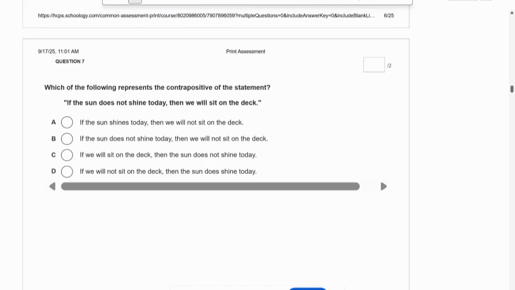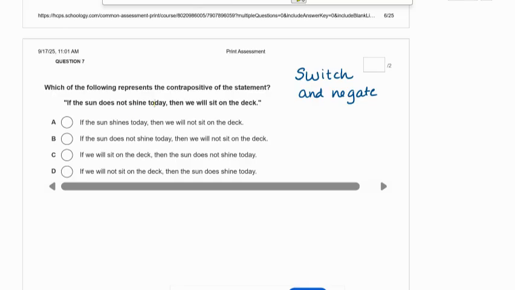All right, number 7, which of the following represents the contrapositive of the statement? So for contrapositive, we have to switch and negate both P and Q. All right, so let's read it to begin with.